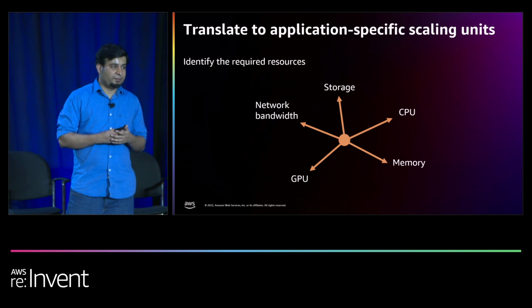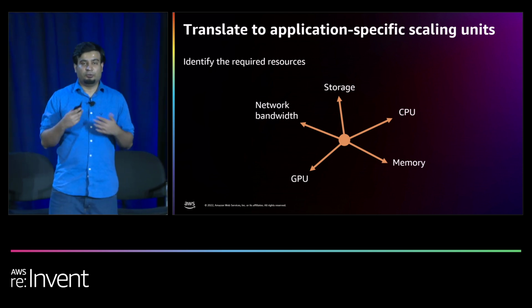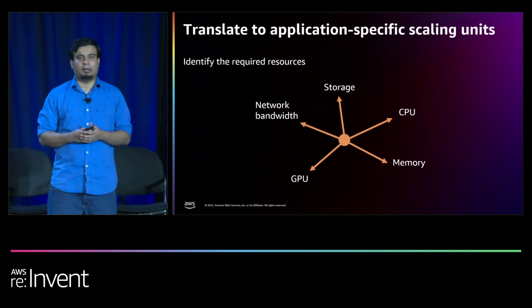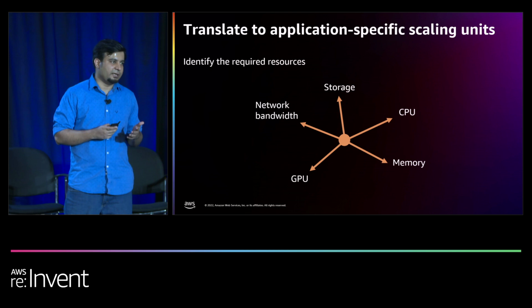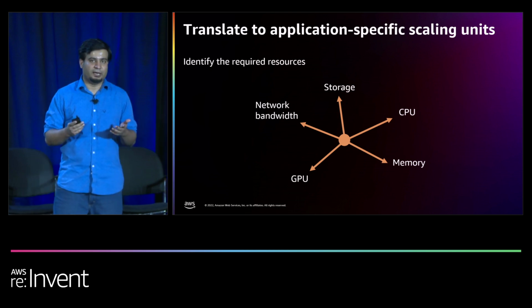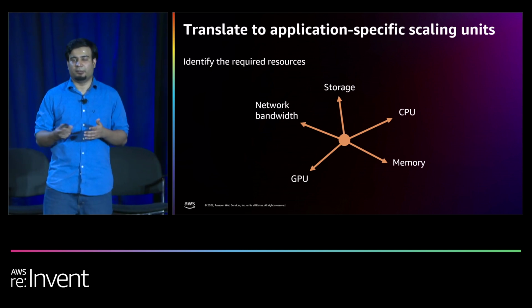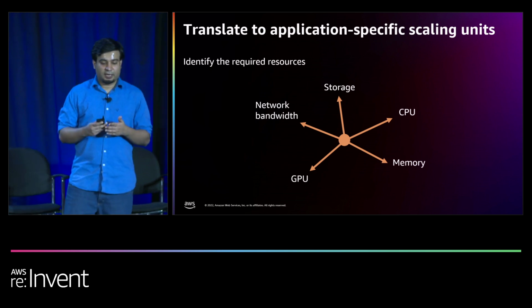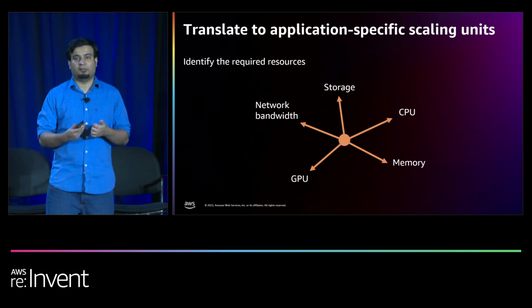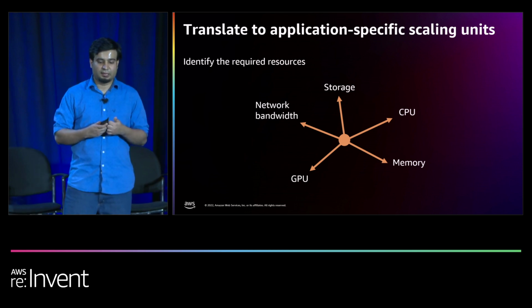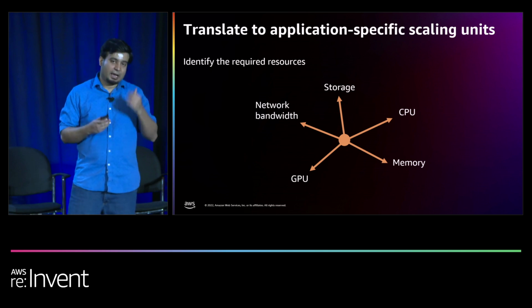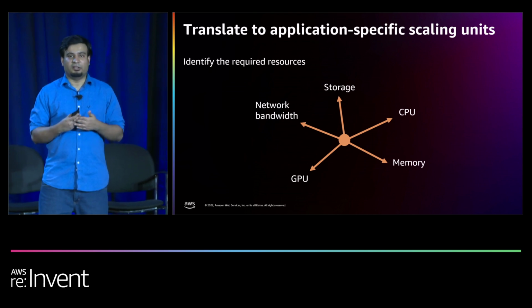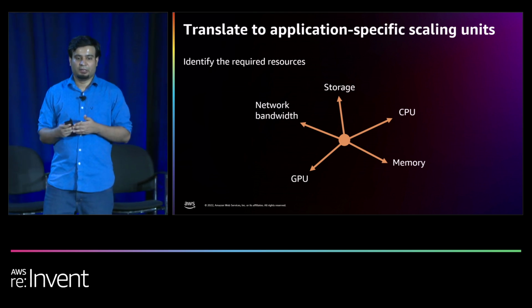Likewise, there might be a web service application serving users accessing your application through a website or through an app, and the scaling unit you might think of would be the throughput of your APIs or the number of users that you can support concurrently per second. So here, we encourage you to start thinking from these business-driven application-specific units, and then identify at an application level how these units map to the required resources for running your applications.